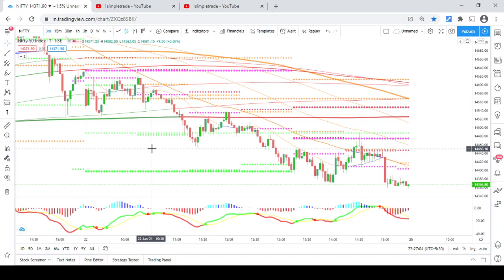It will help you predict market movements. That is the core belief behind this.